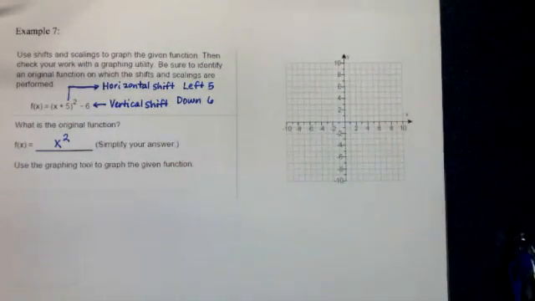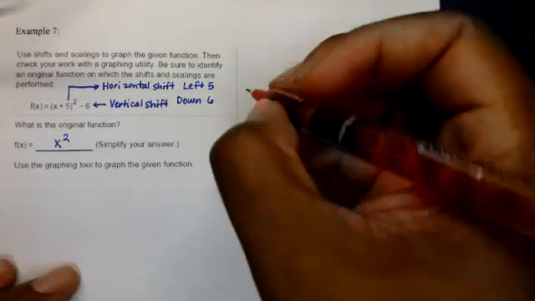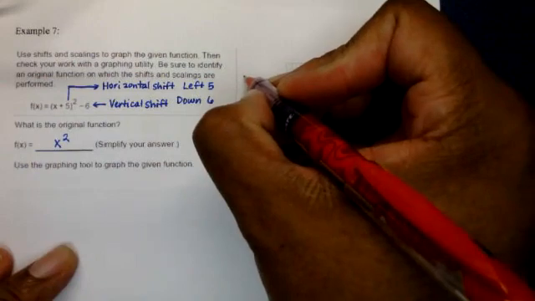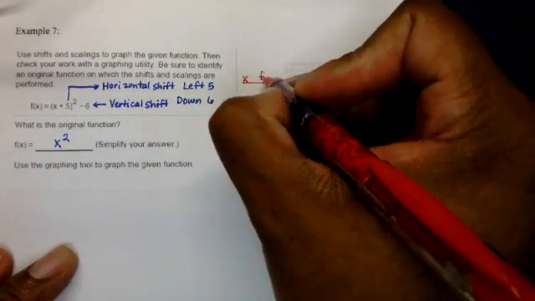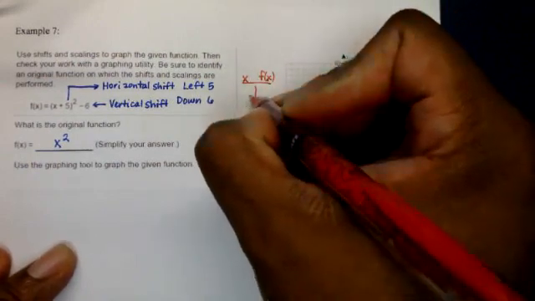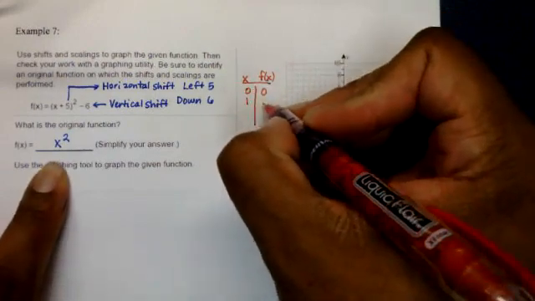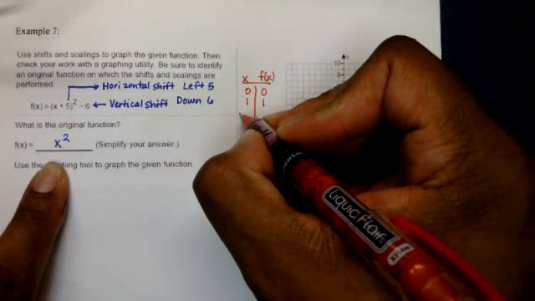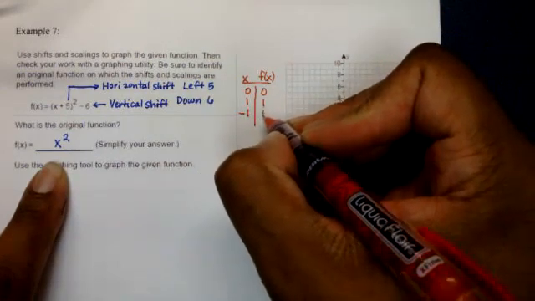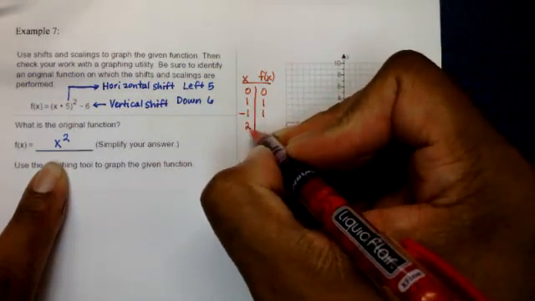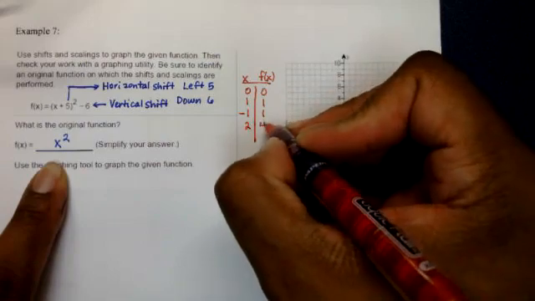So let's start with f of x equal to x squared. At 0 it is 0. At 1, 1 squared will be 1. At -1, squared will still be 1. And at 2, 2 squared will be 4.